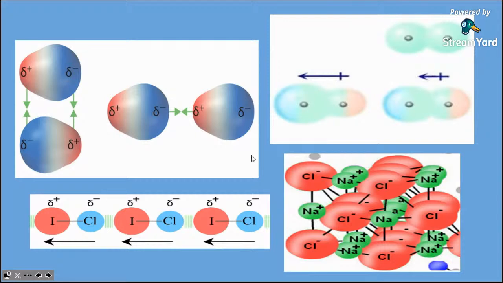But then what they go on and show is that if you look at a molecule, I'm outlining in black, those electrons get pulled to one side, and as a result, I get a region of negative charge and a region of positive charge. In my second molecule, the same type of thing.